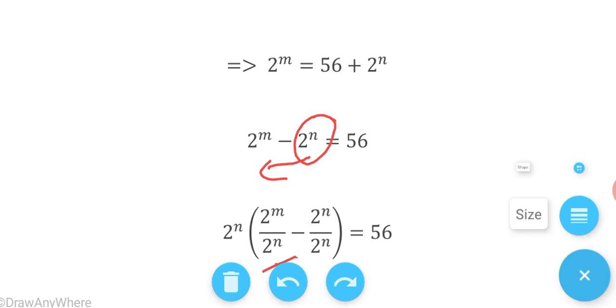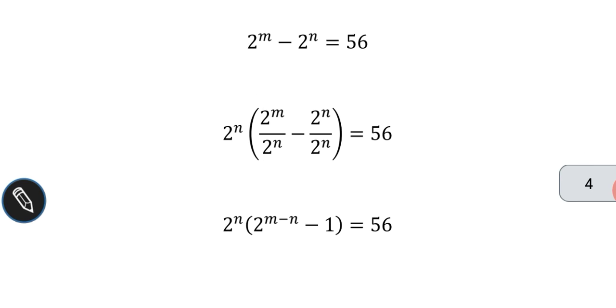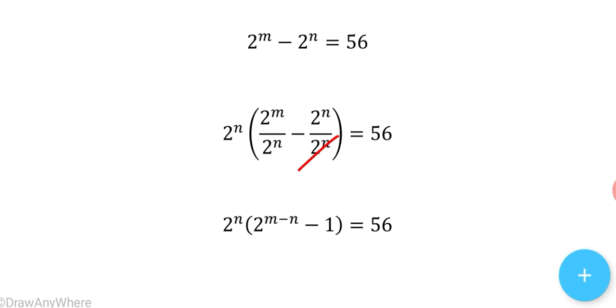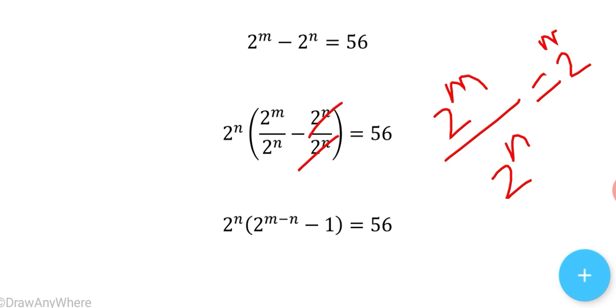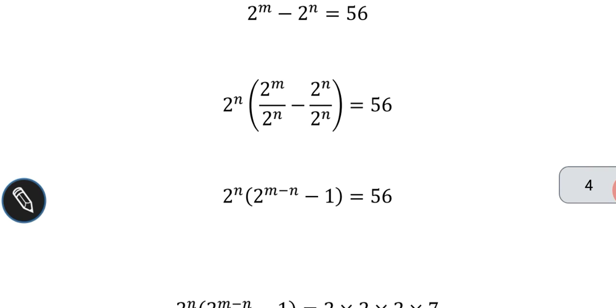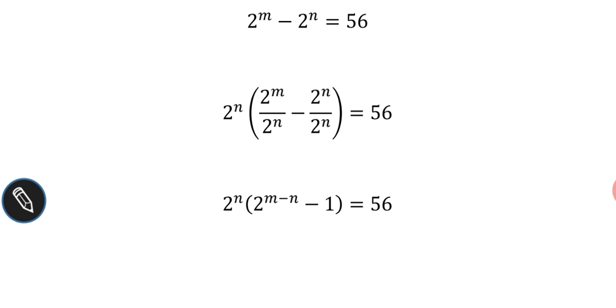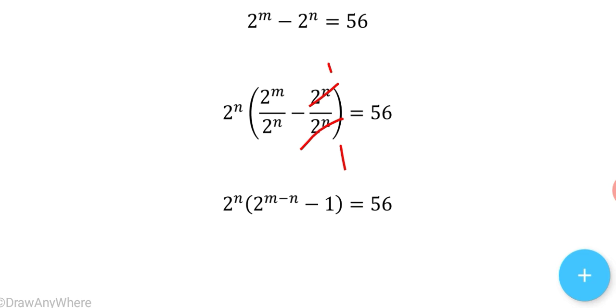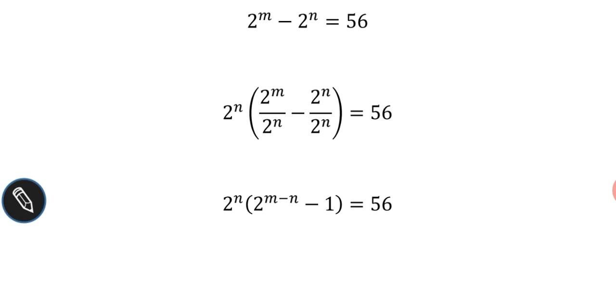So the next step is 2 power n cancels, 2 power n cancels. 2 power n into 2 power m divided by 2 power n can be written as 2 power m minus n. So the next step is 2 power n into 2 power m minus n minus 1 equal to 56.